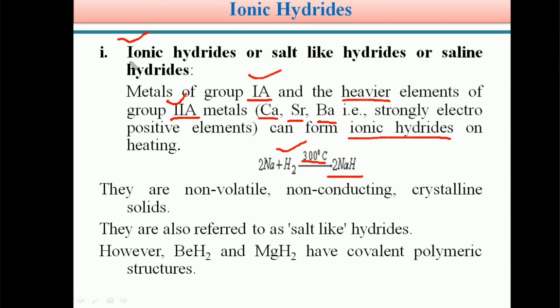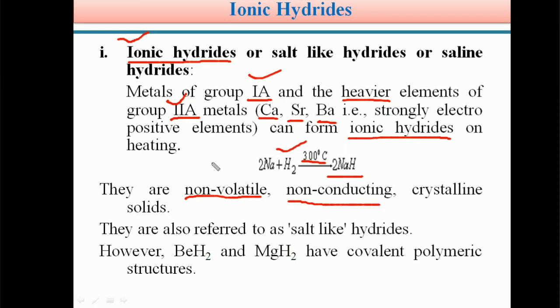So students, these ionic hydrides are non-volatile in nature. Therefore, at room temperature, these are stable compounds. Non-volatile means these are not easily evaporated. Next, these ionic hydrides are non-conducting in nature.